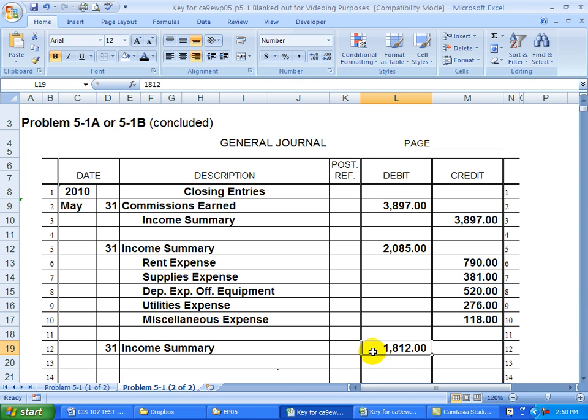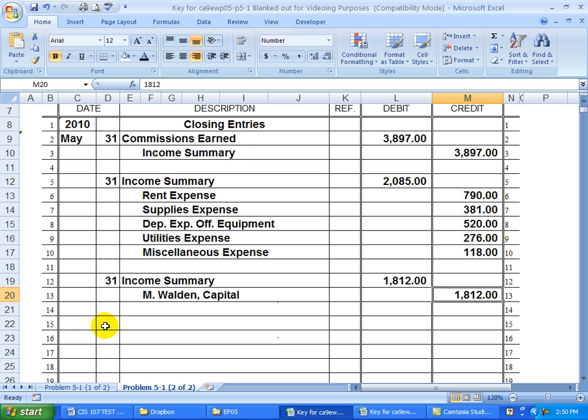Know what this is? It's the net income. The net income is the difference between the revenue and the expenses. We're going to credit the capital account because the purpose of the closing entry is to bring capital up to date, and the net income increases capital.